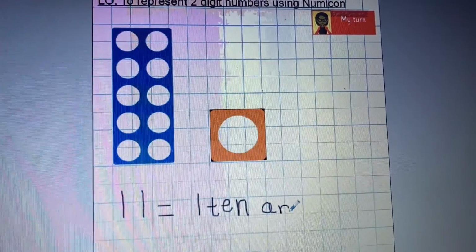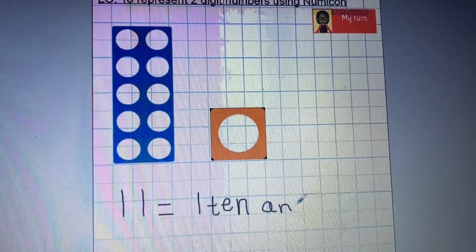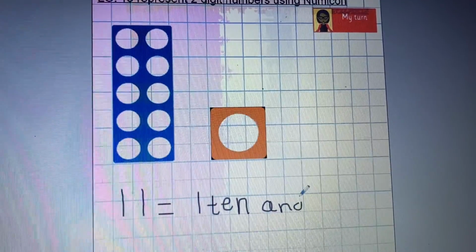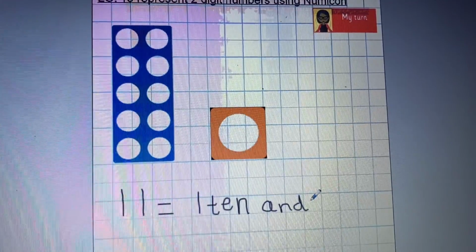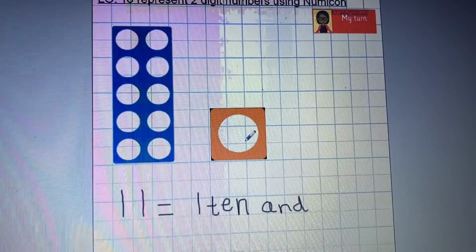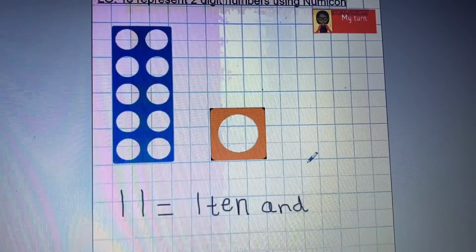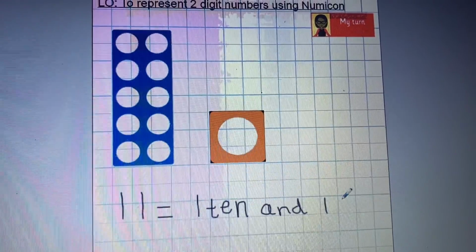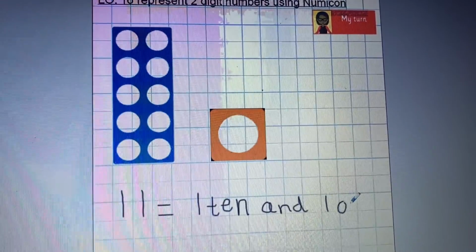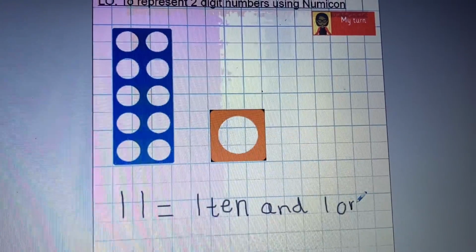Well, we can have a look at the Numicon, can't we? 1 ten and 5 ones? Yeah? Just kidding. 1 ten and 1 one. It's on its own, so I don't need to add an S on the end.